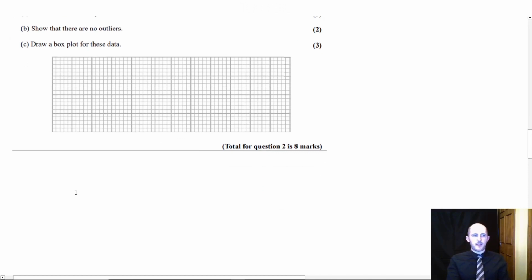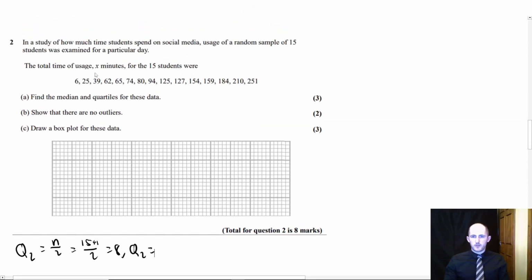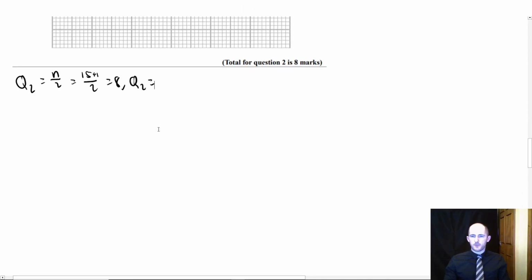So again, it's a very, very similar thing. So if we start with the median, Q2, right, that's n over 2, but again we've got 15, so we're going to add 1 to it. So we're looking for the 8th value. 1, 2, 3, 4, 5, 6, 7, 8, which is 94.